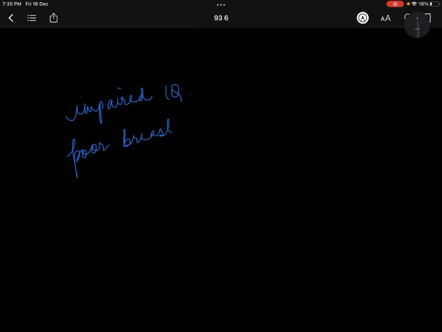Breast development is poor. Then hypotonia. Hypotonia is your muscles में, ठीक है ना, your muscles are weak. Okay. Then comes your short stature. Okay. Then they have congenital malformations.